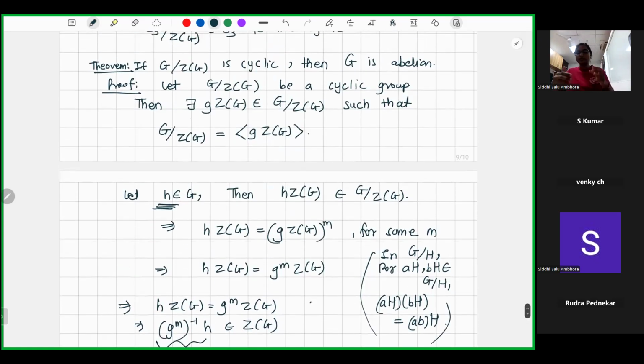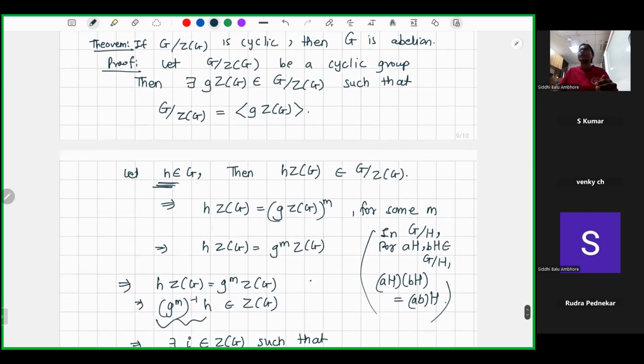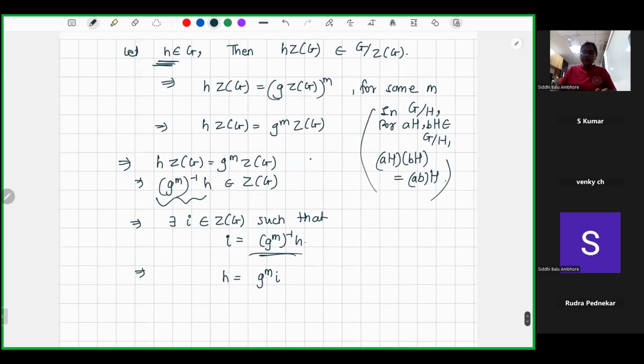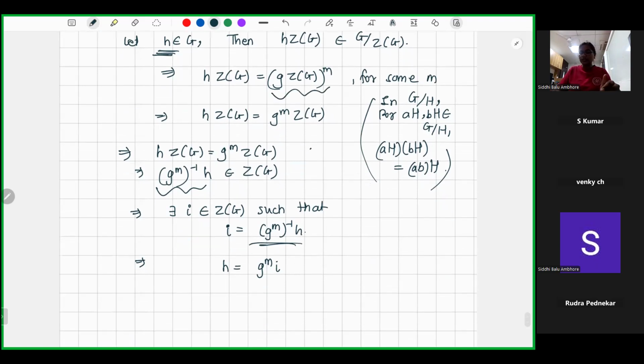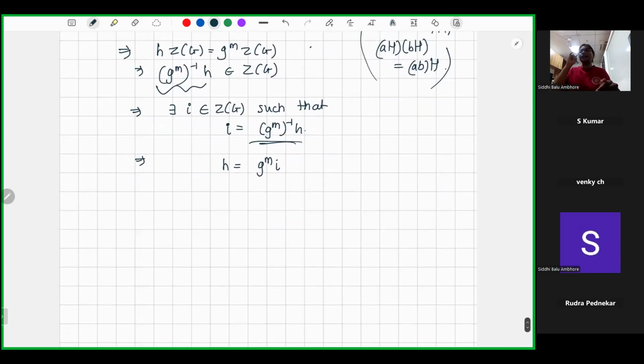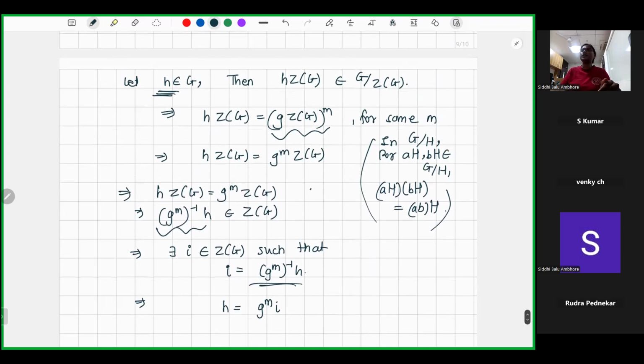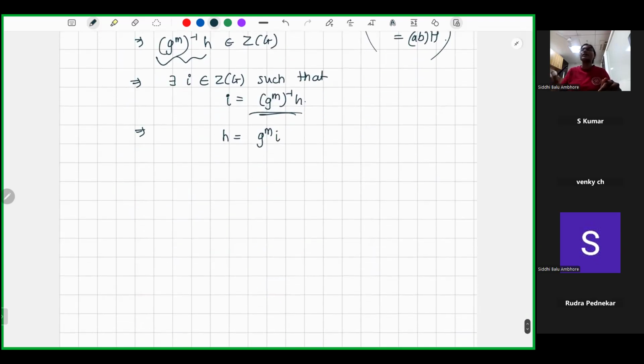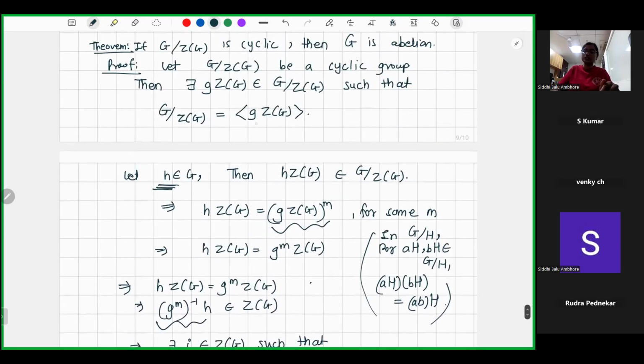So what I did, I started with some element H in G, and with respect to this GZG, I'm trying to see how that element H looks in my group G. So every element H of G is of this form, G power M I, where this I belongs to ZG and this G is a generator here, which is now fixed.